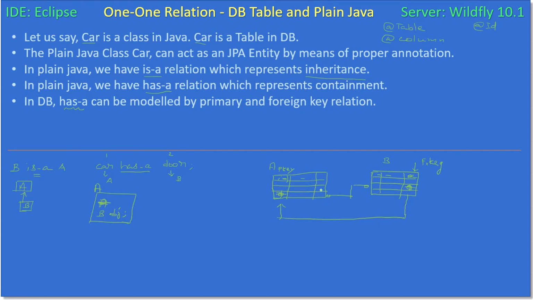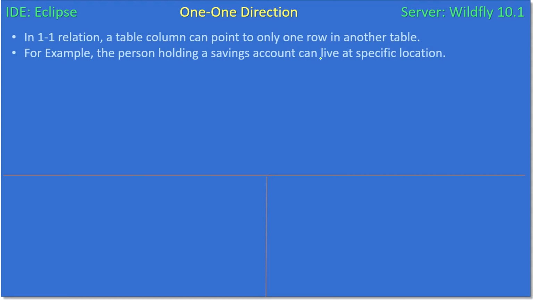In the savings account form, when the person is filling the form, even though he may have 2 or 3 addresses, the requirement states that he should provide only one address location that should be tied to the savings account. So in that case, the model will go as a one-to-one relation. If there is a savings account, then there will be a mapped address location, and a savings account cannot have multiple address locations tied to it. So it ends up as a one-to-one relation.